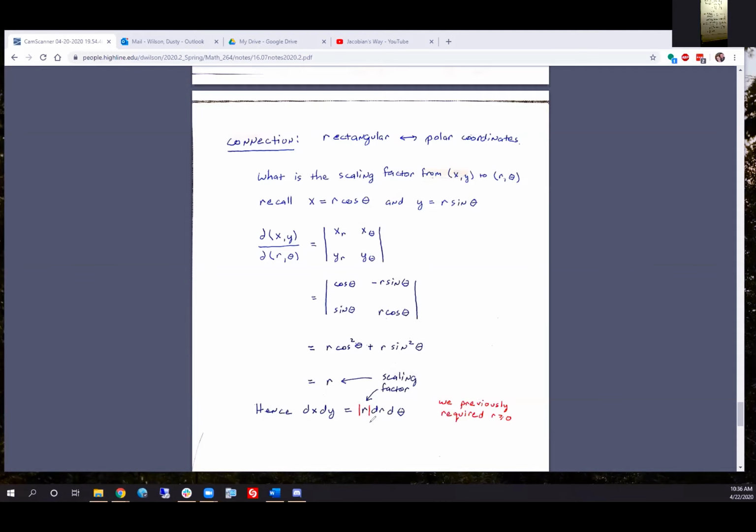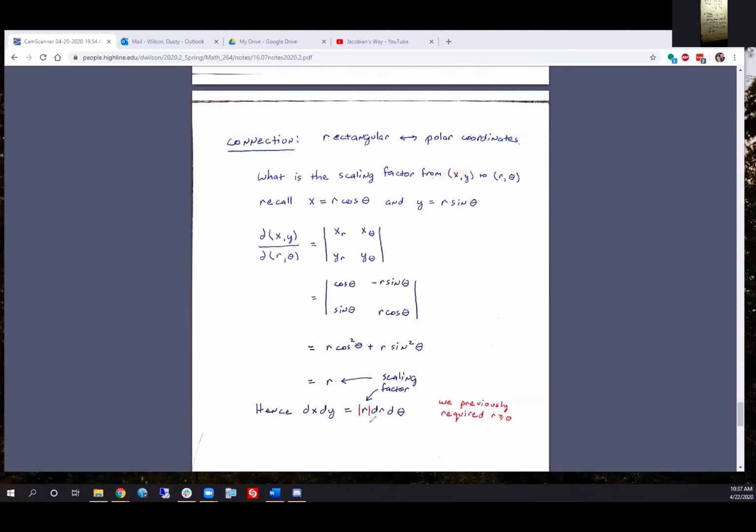So notice that the conversion from rectangular coordinates to polar coordinates that we worked on at the beginning of the class can be explained geometrically. That's how we explained it 2 weeks ago. Or we can justify that formula by using this same scaling factor Jacobian concept.